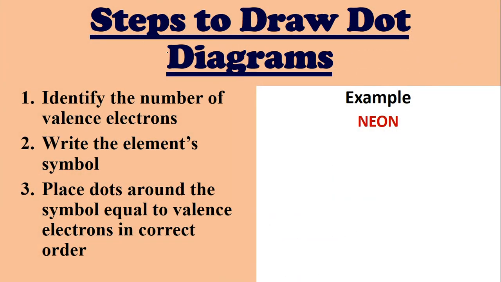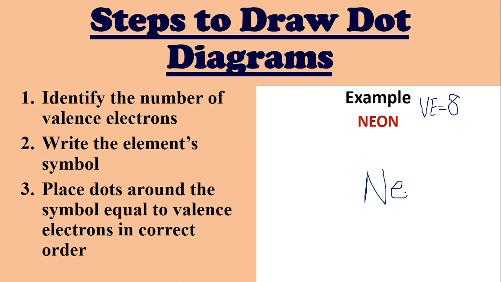So the steps. First step, you're going to identify the number of valence electrons. We have neon over here. So how many valence electrons does neon have? It has 8. Then we're going to write the element symbol. Neon's symbol is Ne. Then we're going to place dots around the symbol in correct order equal to the number of valence electrons.